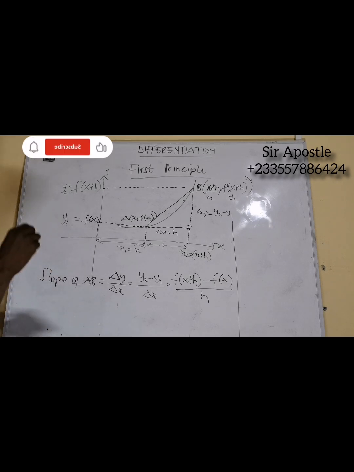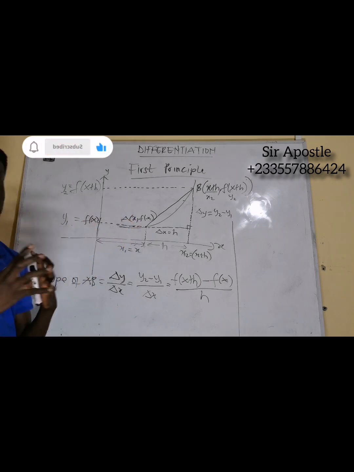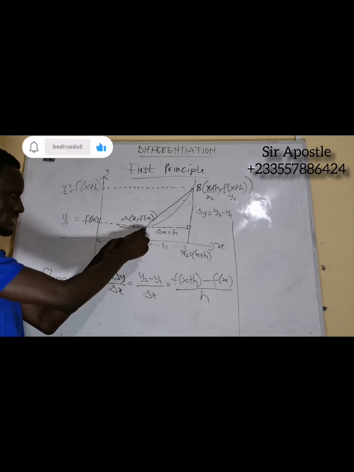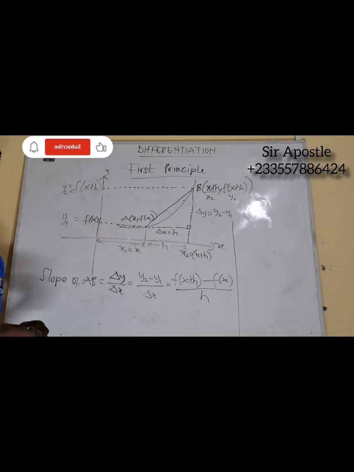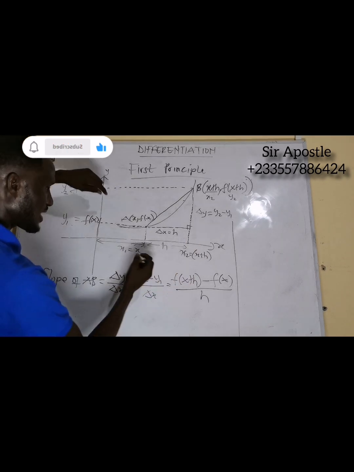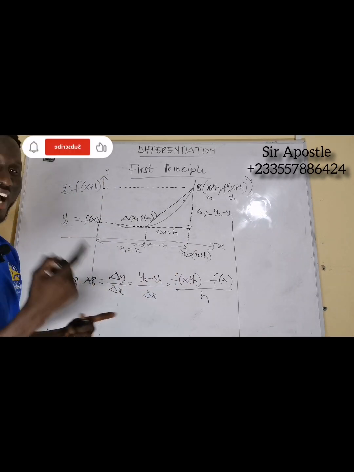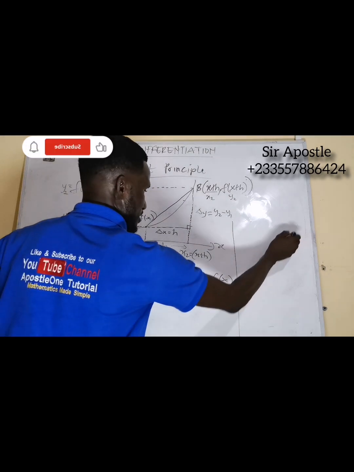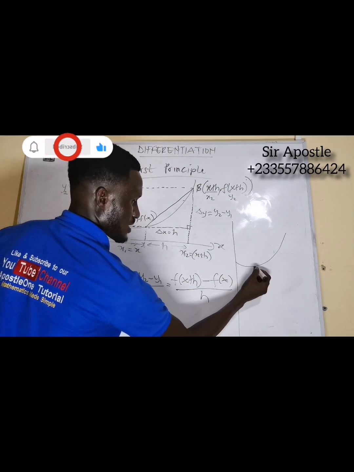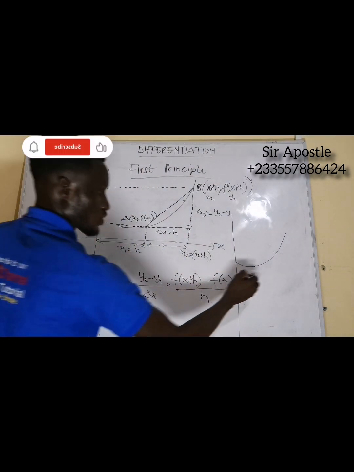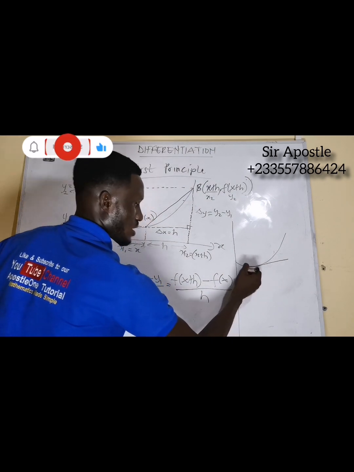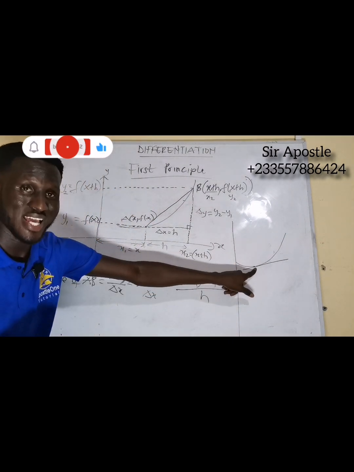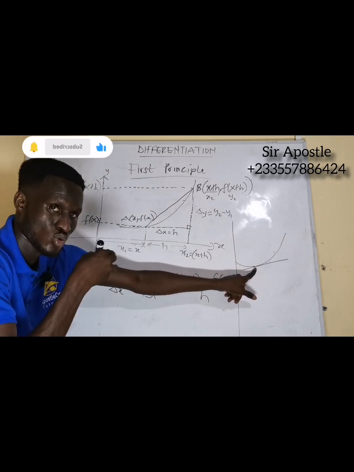Now, specifically, because this one is a curve, I'm going to look for the gradient at the point A here. So, what is the gradient at A? It means I need to draw a straight line tangent to the curve at A. When you have a curve like this and I want to look for the gradient at a point on the curve, I need to draw a straight line which is tangent to the curve, which touches the curve at that particular point.